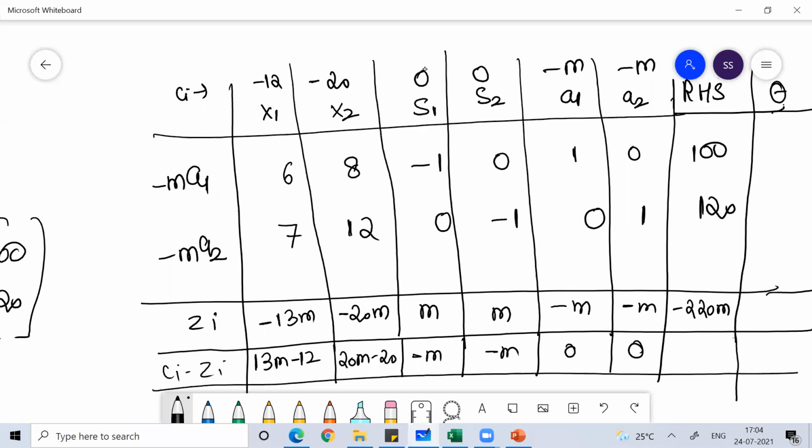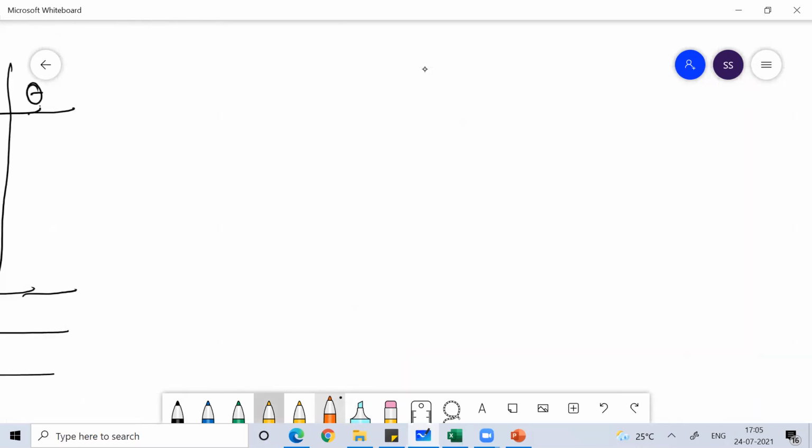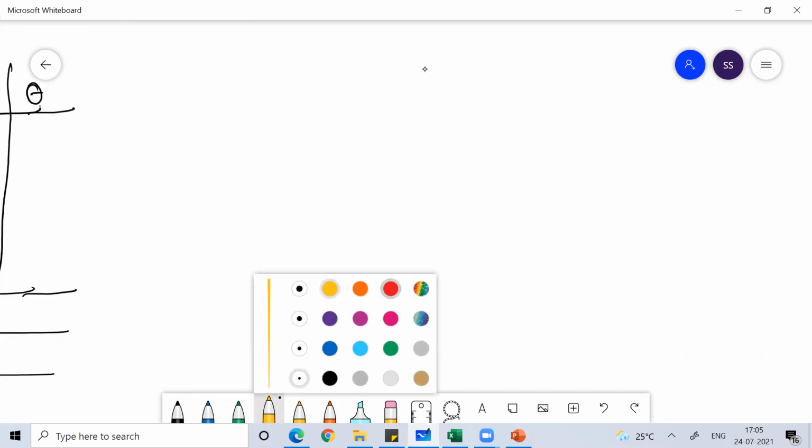So out of all Ci minus Zi, see the value which is largest. Guys, you have to understand that many of you may get confused.